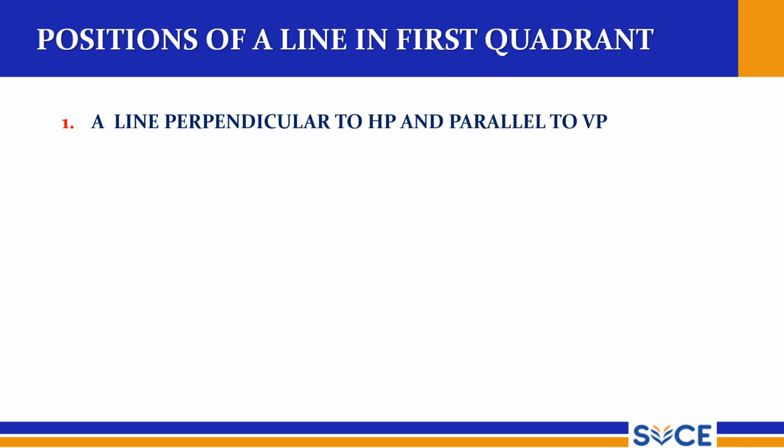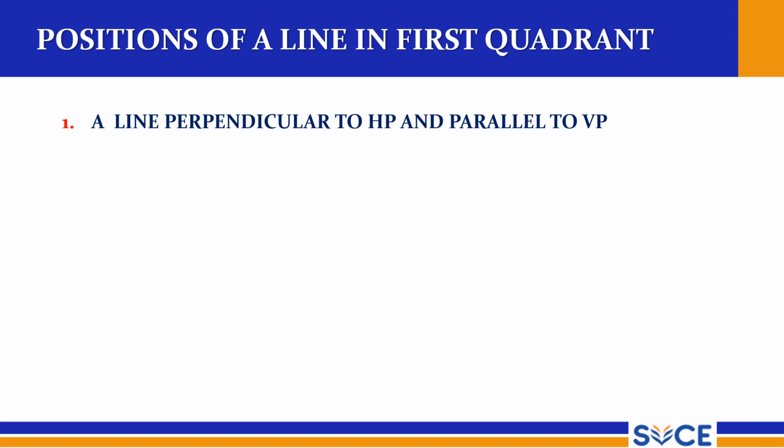Coming to positions of a line in the first quadrant: a line perpendicular to HP and parallel to VP. These are the ways we can keep a line in the first quadrant or in any of the quadrants, but especially we are dealing with the first quadrant.